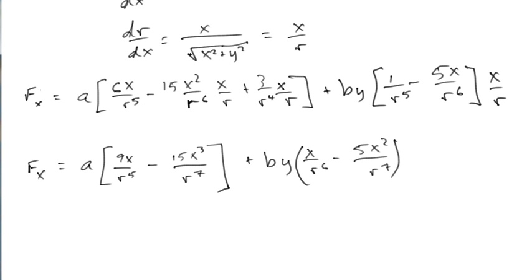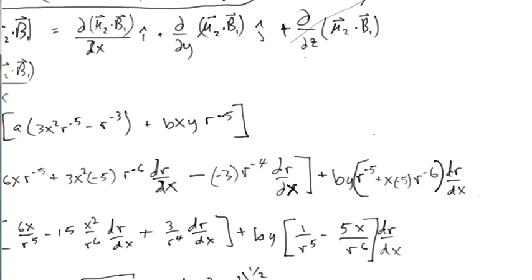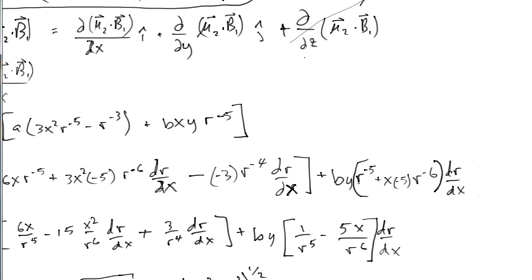And I got to fix up a correction that I made up here. I had that r to the 5th without being multiplied by that, and it was actually right. I was just taking the derivative with respect to x here, the first factor, which gave me 1, and then times r to the minus 5th. So this dr by dx should actually only be multiplying the second term there.